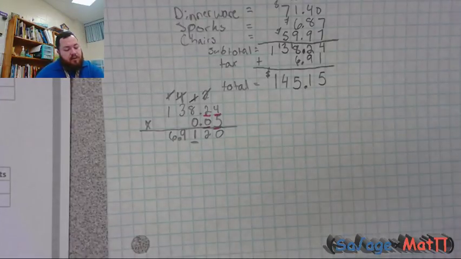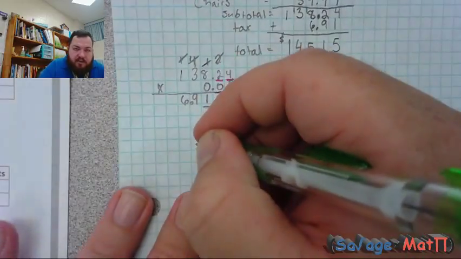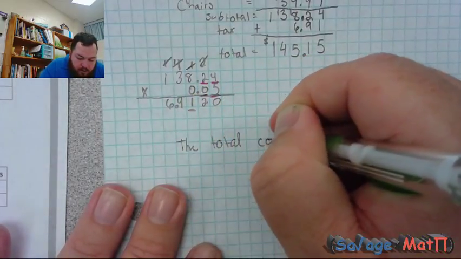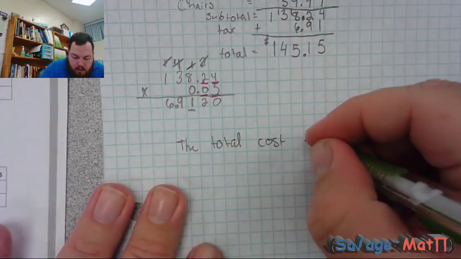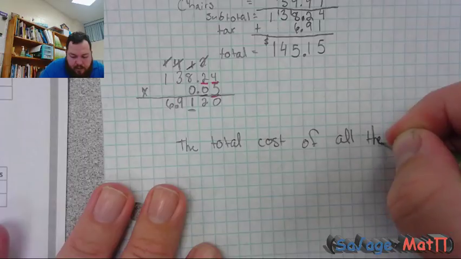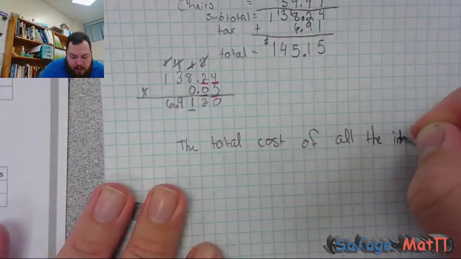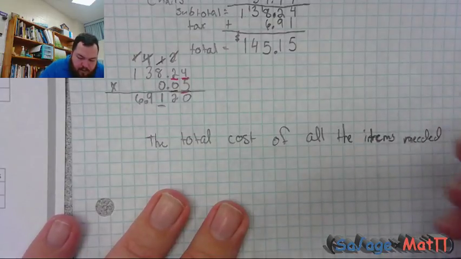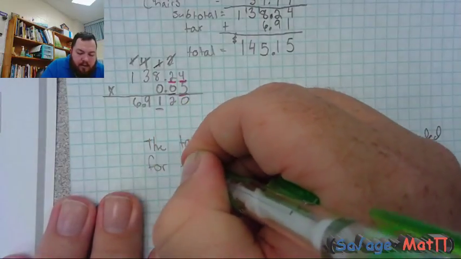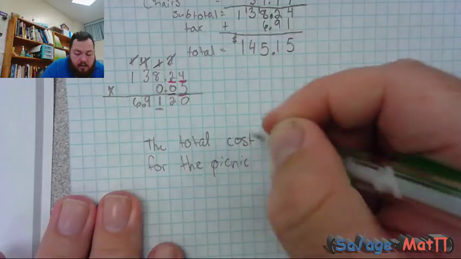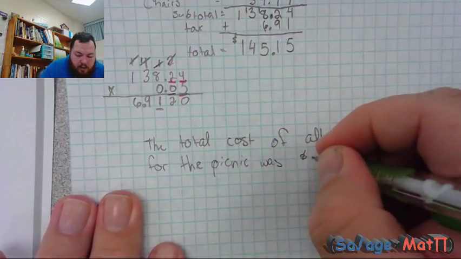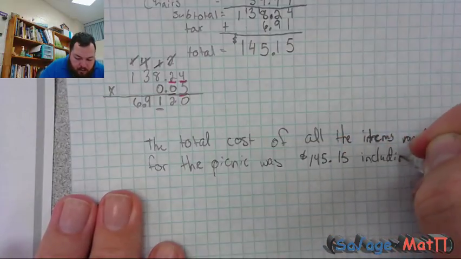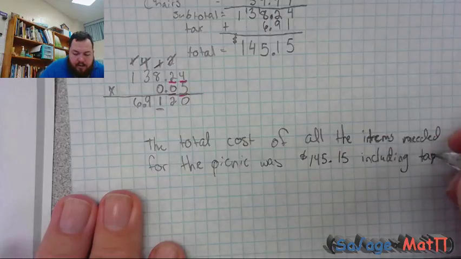So the way I would explain this, we have some sentence starters. I'm going to use one of our sentence starters: The total cost of all the items needed for the picnic was $145.15, including tax.